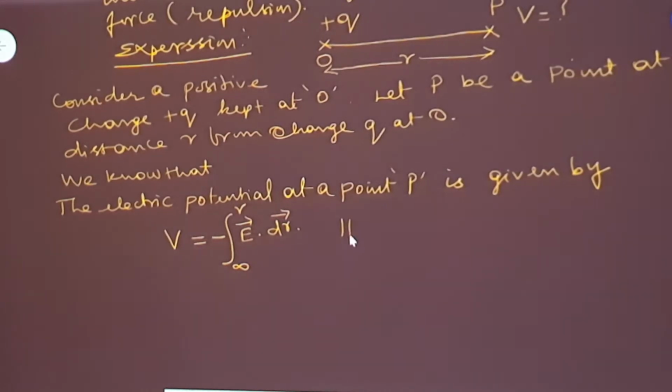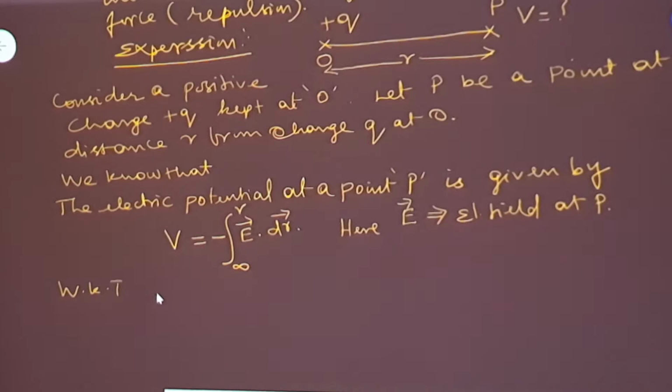Here we know that E vector is considered to be the electrical field at the point P. What is the value of that electrical field? That also we know.